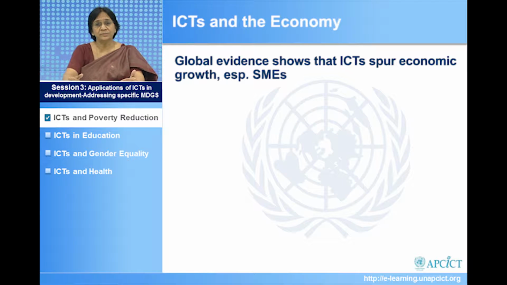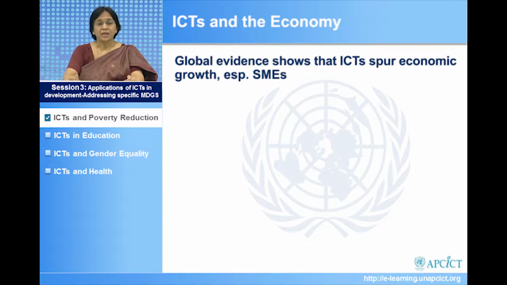And how have small and medium enterprises used these ICTs? Essentially, using computer software or using the applications or using the internet has helped companies to improve the efficiency of internal and external business operations.